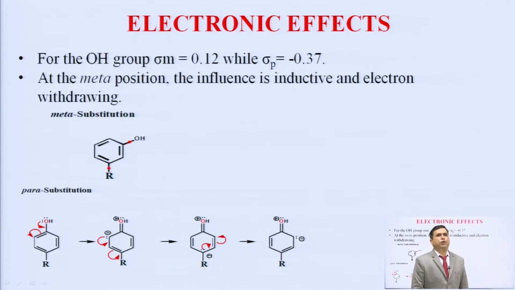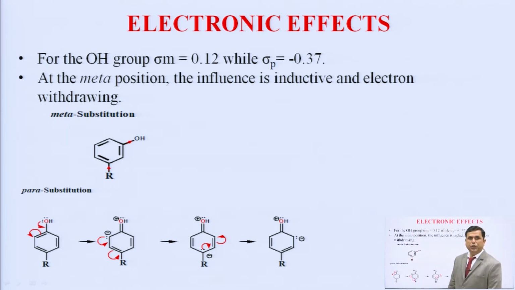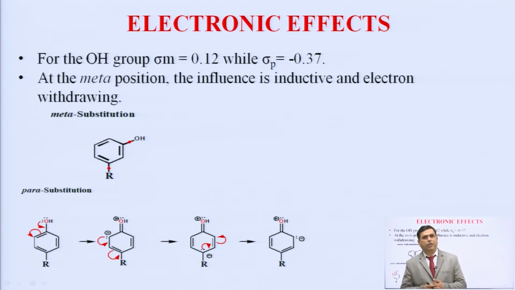Next, for the OH group, sigma m, that is the OH group present at the meta position, the value is 0.12, and if it is present at the para position, the sigma value is minus 0.37.